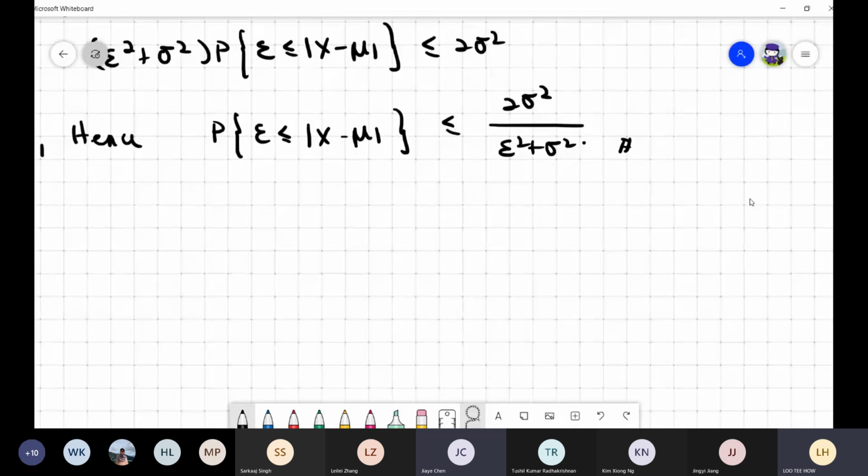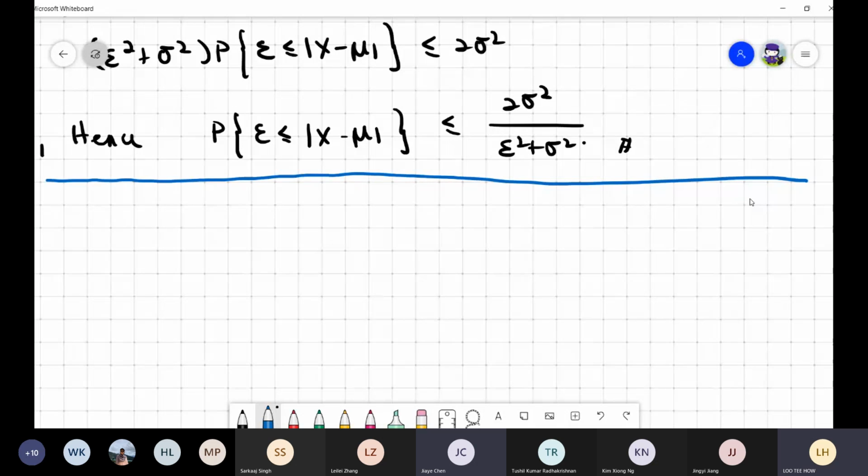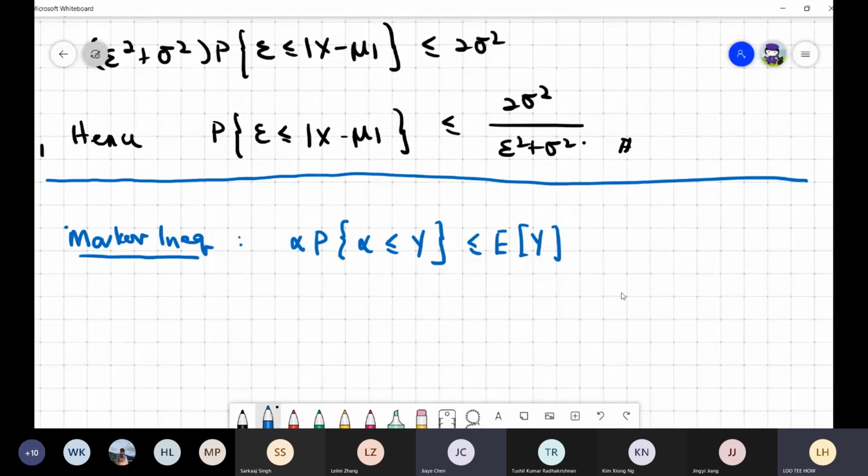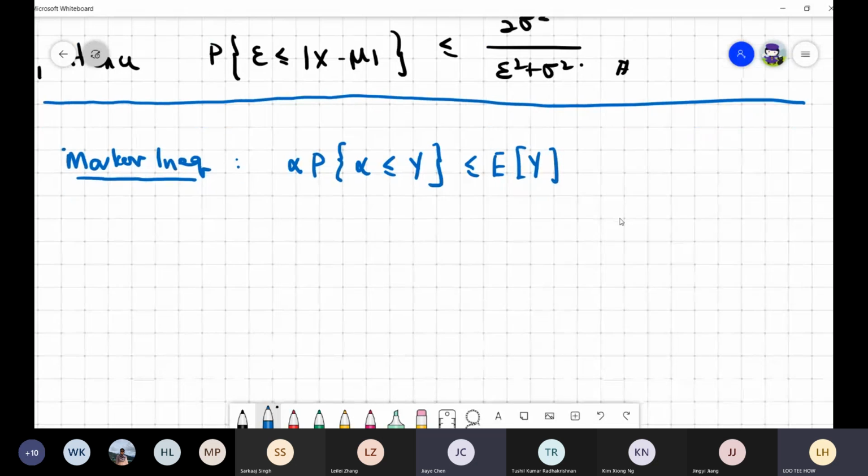Okay, maybe let's pause for a while to have some discussions over here. So this is a general form for our Markov inequality, right?